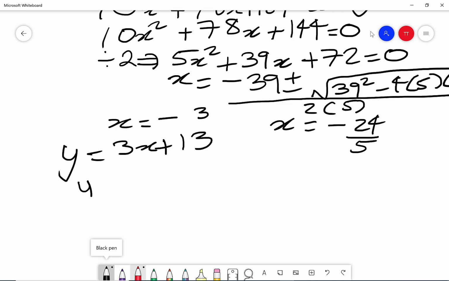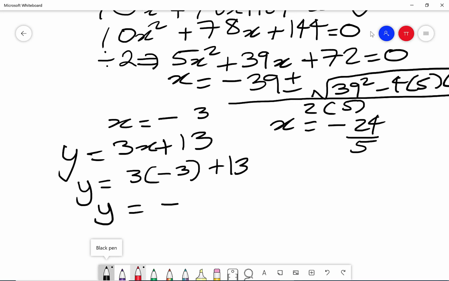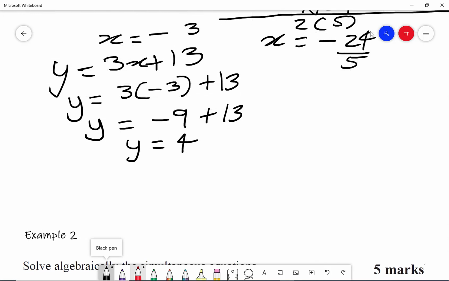Substitute it straight in. 3 times minus 3 plus 13. That gives me minus 9 plus 13. 13 take away 9 is going to give me 4. So my first coordinate for the point of intersection is minus 3, 4.